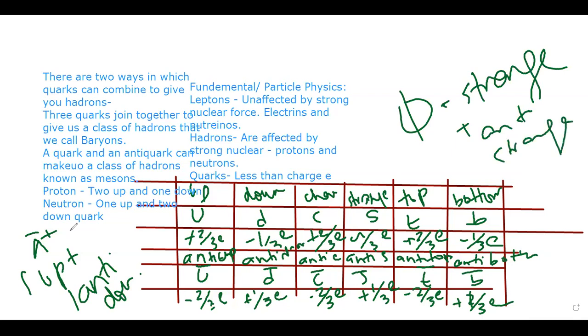So we have got our baryons and we've got mesons. Baryons and mesons are classes of your hadrons, and inside them we've got different quarks joining together to give us these particular particles. Any confusion? Is this making sense?